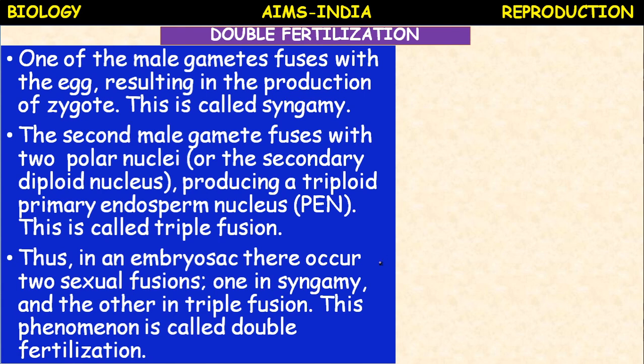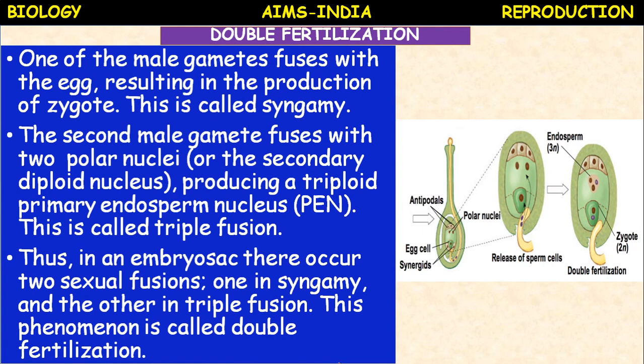Thus in the embryo sac there occur two sexual fusions, one is syngamy and the other is triple fusion. This phenomenon is called double fertilization. See here the double fertilization. This is the embryo sac consisting of antipodals, polar nuclei, egg cell and synergids.